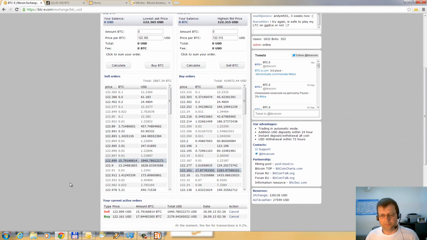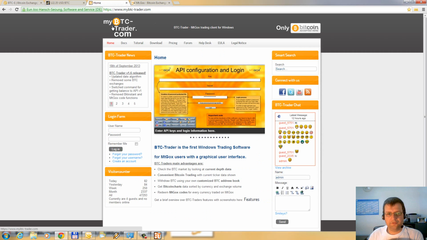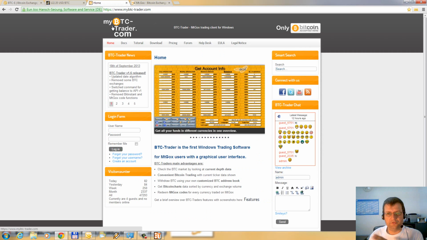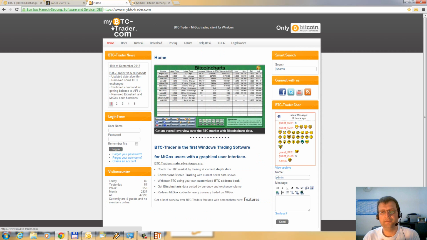Just the problem is that these arbitrage opportunities between exchanges are dead at the moment. It's not possible to move USD funds from one exchange to another.